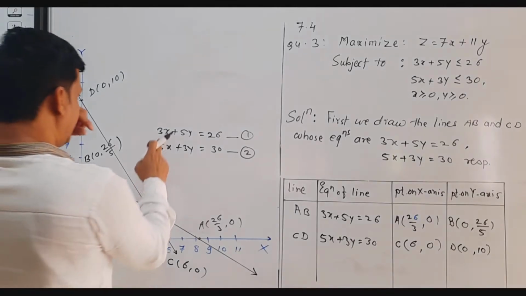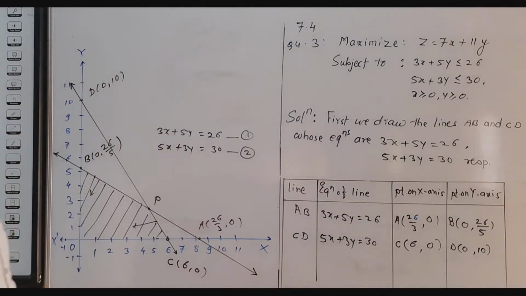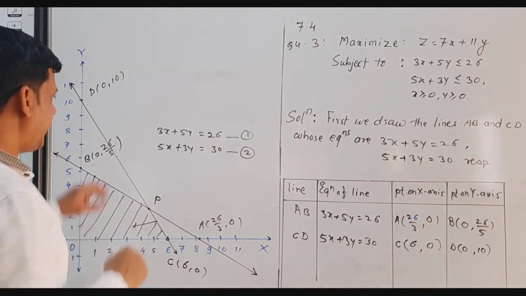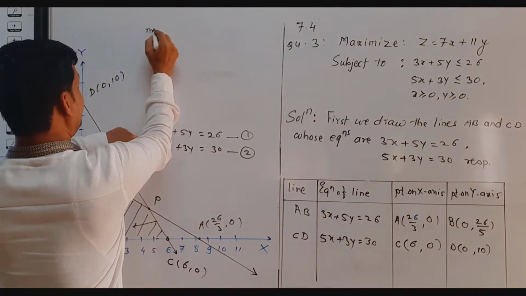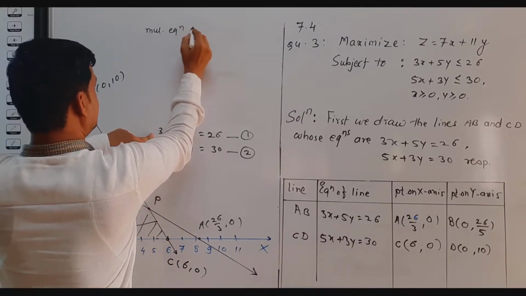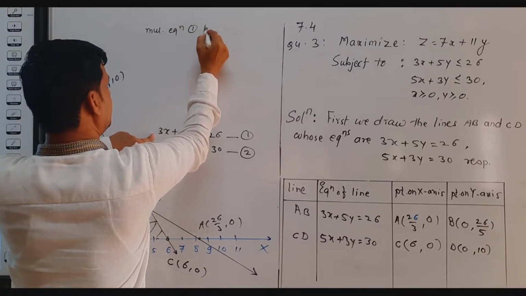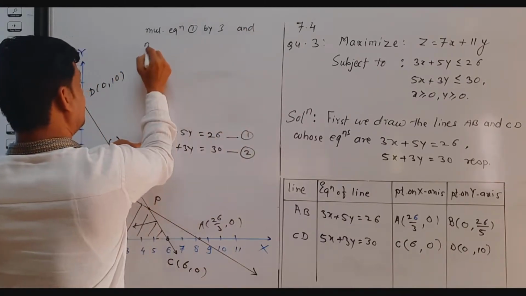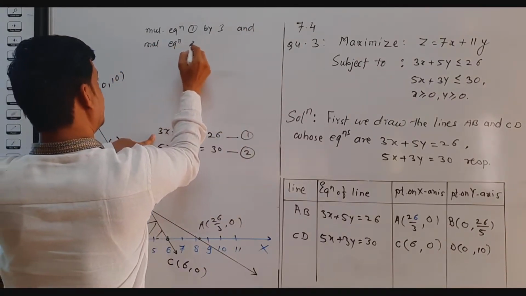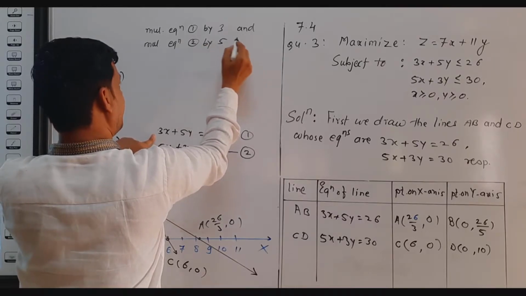So we write here, multiply equation 1 by 3 and multiply equation 2 by 5.